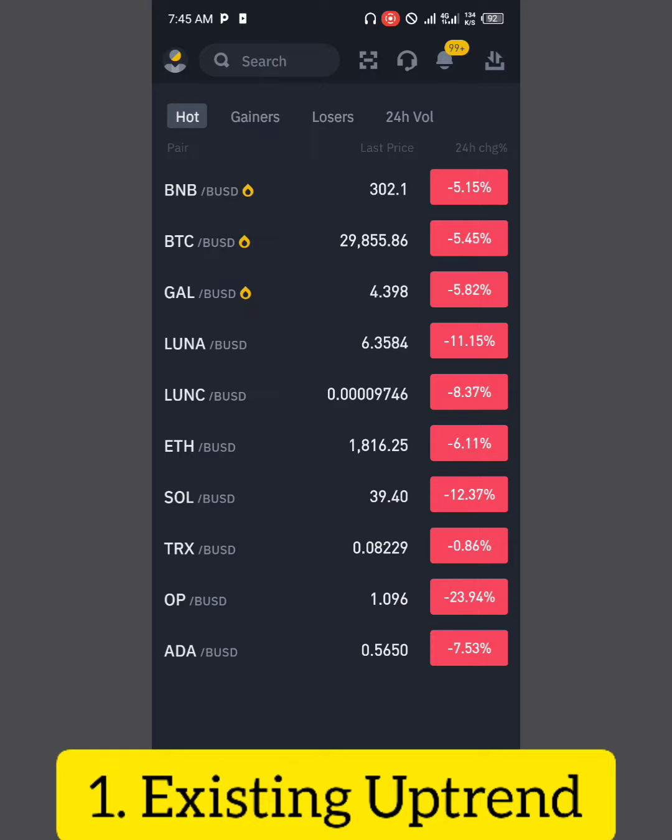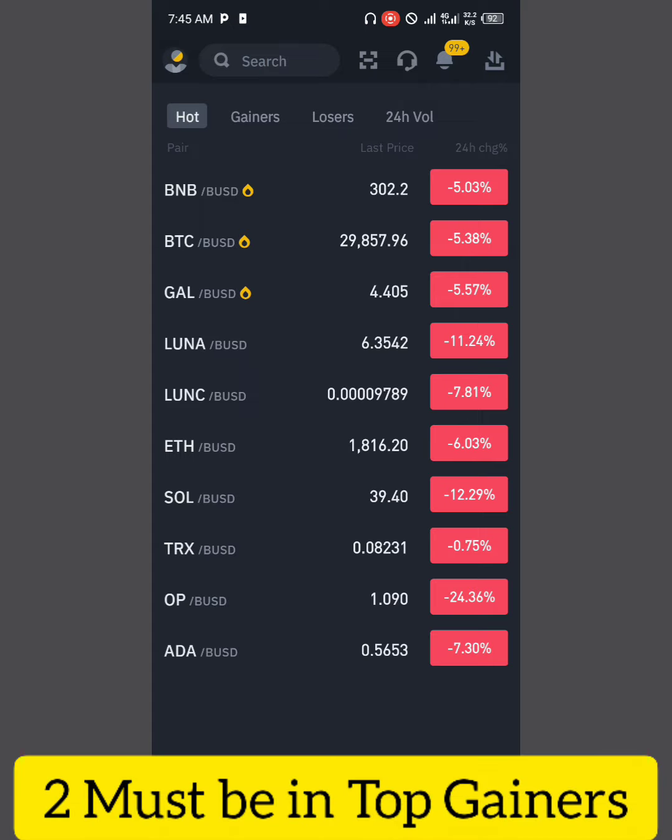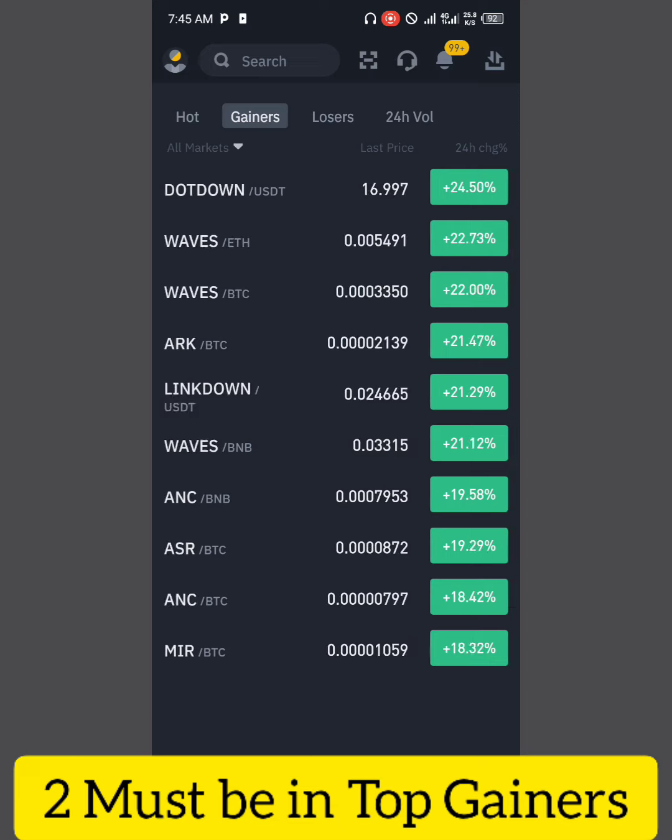It's a shorting strategy. Number 2, you must check if the coin is in the top gainers section. Here's the top gainers. You must check if that coin has appeared in the top gainers section.